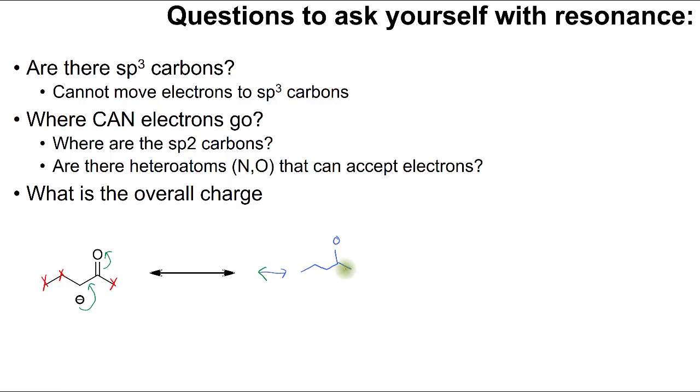My carbon skeleton stays the same. I form a new double bond there, and the negative charge is now on the oxygen. So that is one resonance structure. A less popular one would be to put the electron lone pair back onto that carbon.